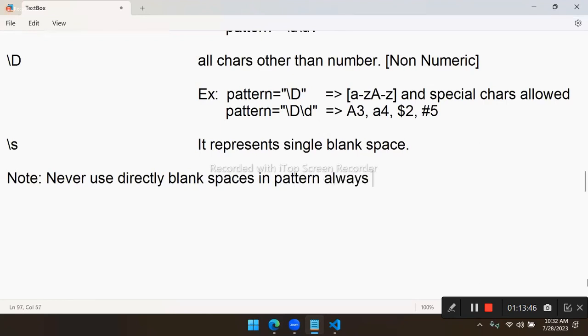Always configure with \s. That is important. A formula should never have any blank space. It will work, but later in programming, it will be removed.